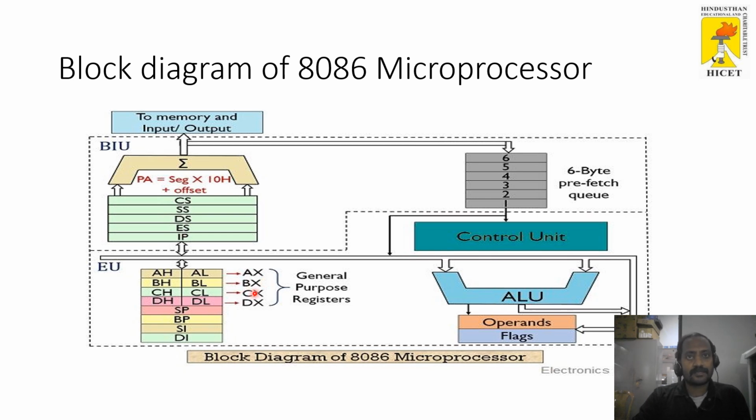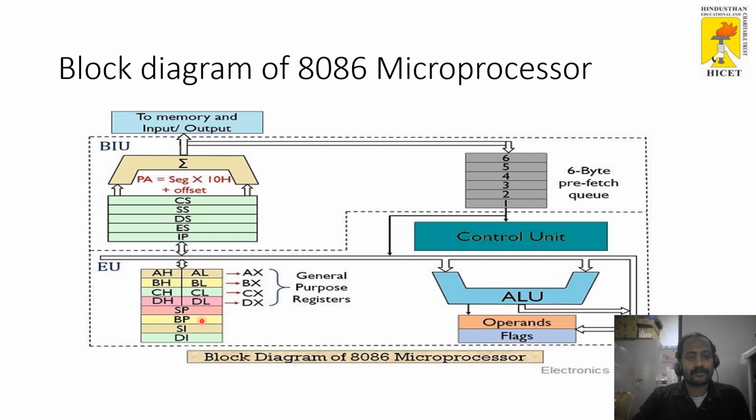CX, referred to as the counter, is used in loop instructions to store the loop counter. The DX register is used to hold the input output address for input output instructions. The stack pointer register is also a 16-bit register, which holds the address from the start of the segment to the memory location where a word was most recently stored on the stack.